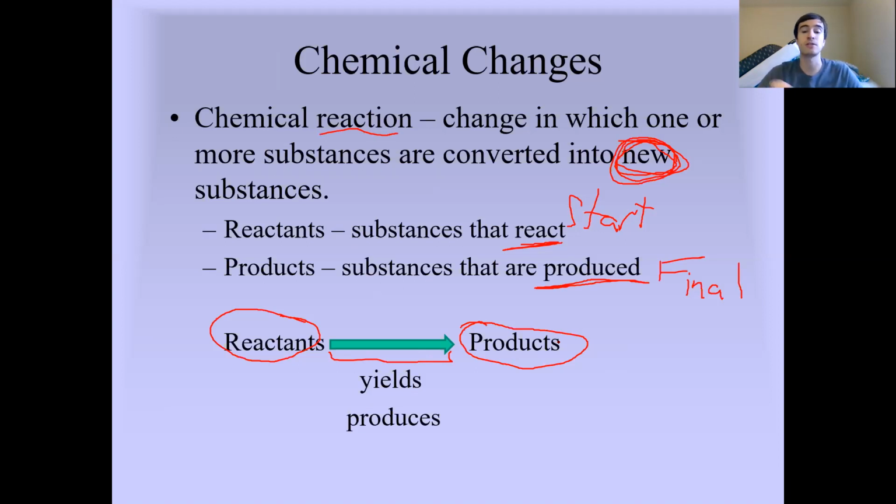So the reactants turn into the products due to this chemical reaction happening. But those are the two major takeaways from this slide. Reactants are our starting material that react together. Products are our final set of chemicals that we end up with. So they are produced at the end of our reaction.